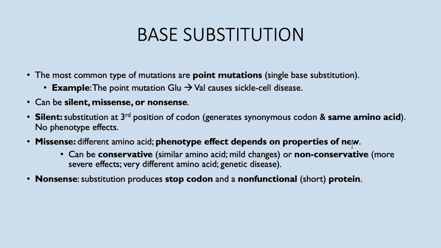They may be of the same type. For example, both may be hydrophilic or hydrophobic, or they may be more alkaline or neutral or acidic. So if we substitute one amino acid for another that is similar, the changes are going to be mild, maybe non-noticeable, and we call that type of mutation a conservative mutation.